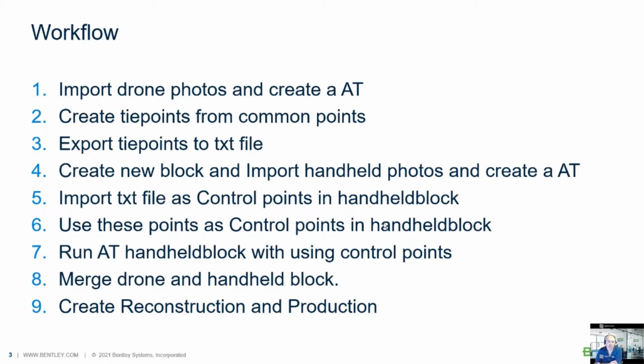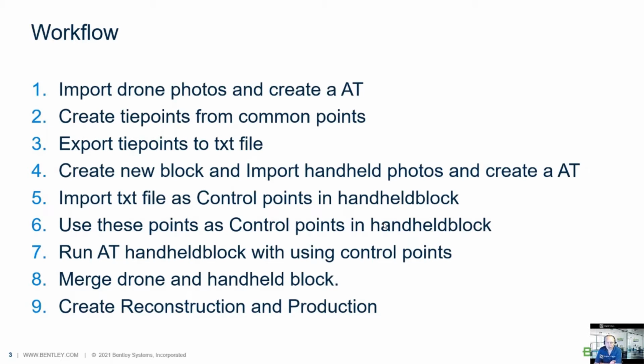It's important that you can see these points in the handheld block and in the drone block. We create them with an option, creating tie points. In the drone block, we select these points as a tie point and then export them as a text file with a certain coordinate system. So basically, we're selecting coordinates in that data set before we really process that block.